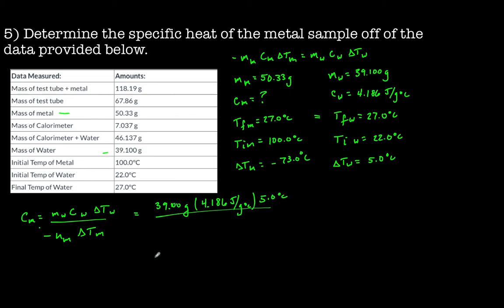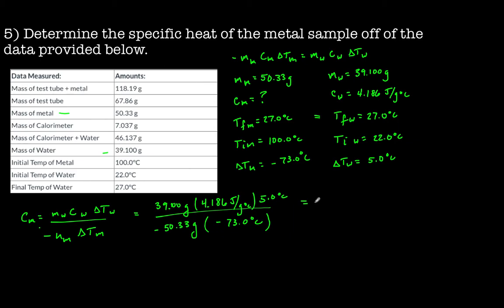Mass of metal is 50.33 grams, times my change in temperature of metal, which is negative 73.0 degrees Celsius. Boom. Just plug it into our calculator for a calculator answer.